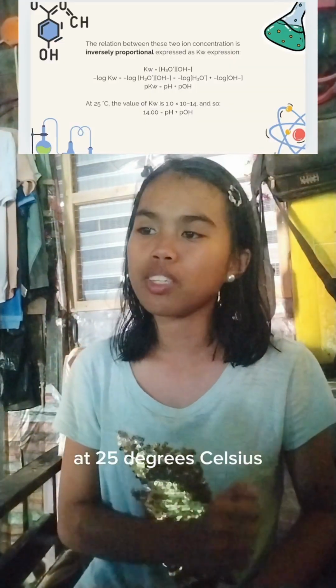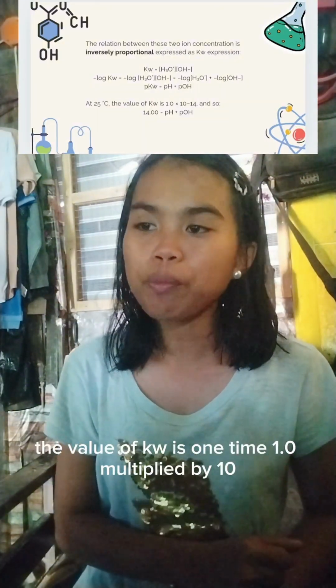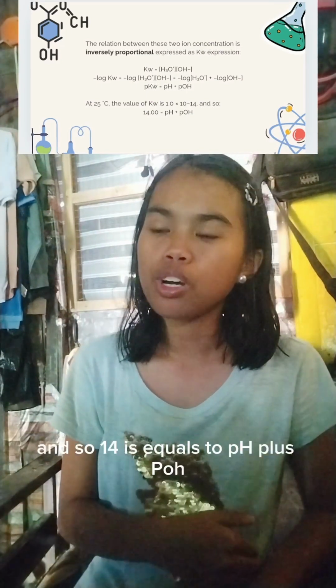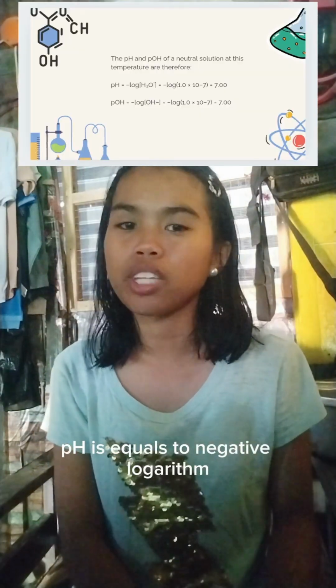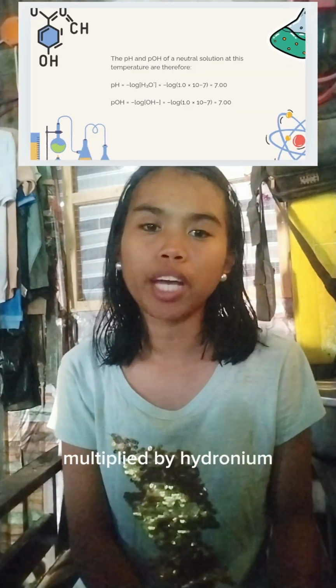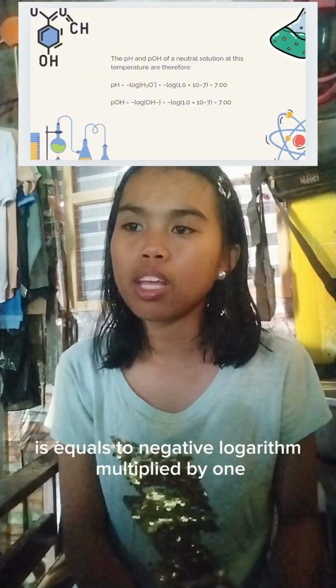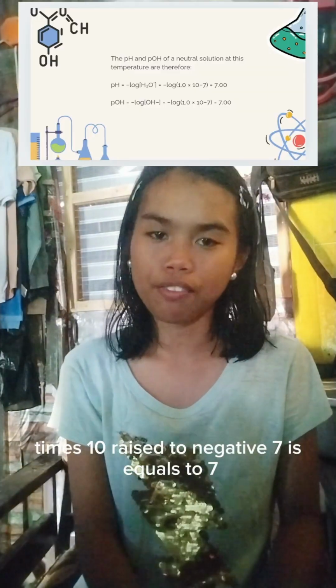At 25 degrees Celsius, the value of Kw is 1.0 multiplied by 10 raised to negative 14, and so 14 is equal to pH plus pOH. The pH and pOH of a neutral solution at this temperature are therefore: pH is equal to negative logarithm of hydronium, which is equal to negative logarithm of 1 times 10 raised to negative 7, which is equal to 7.